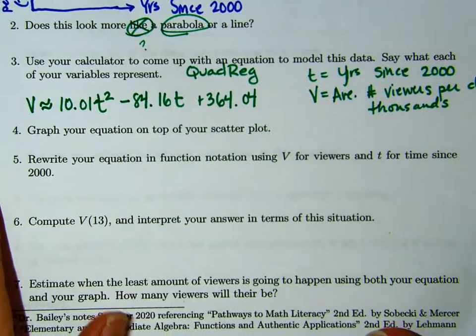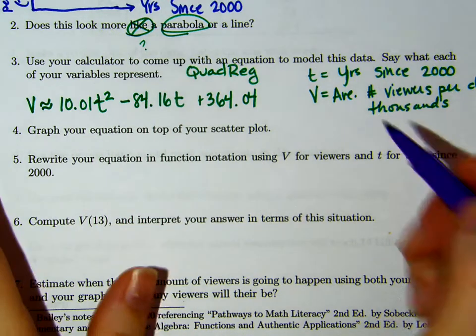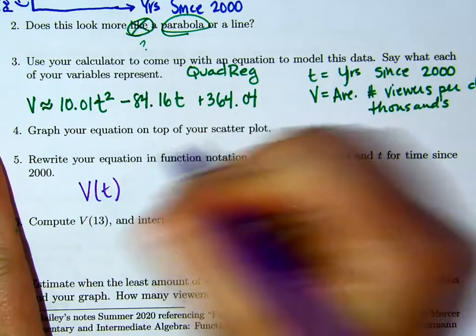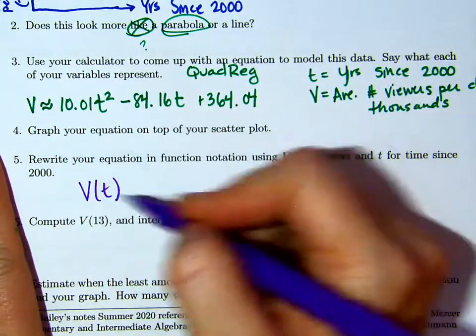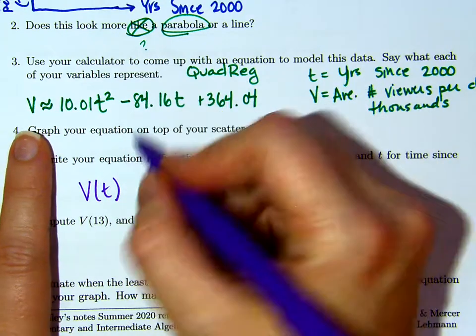Rewrite your equation in function notation using V for viewers and T for time. Oh, well, it's your lucky day. I have already almost used that. V of T. So the only thing I need to change is this, because I like using t's and v's instead of x's and y's.